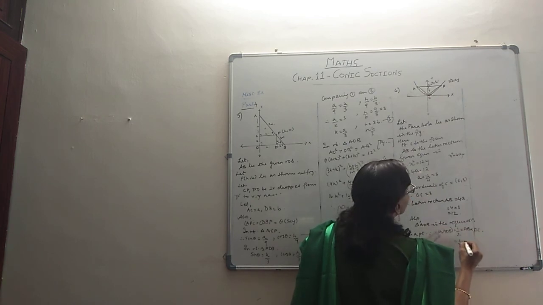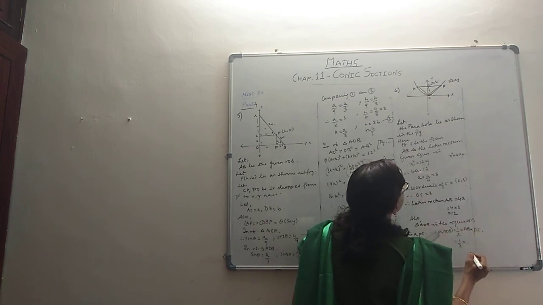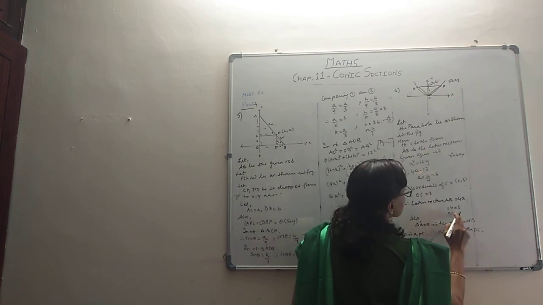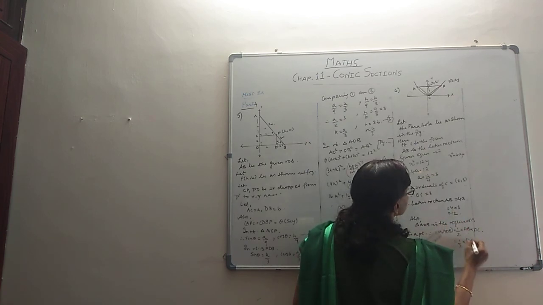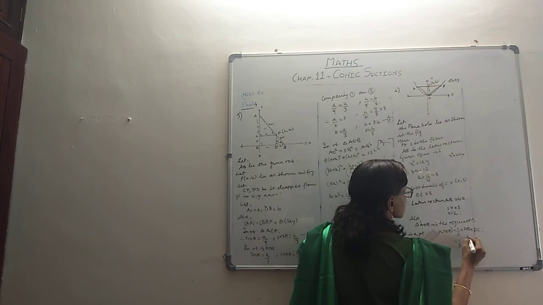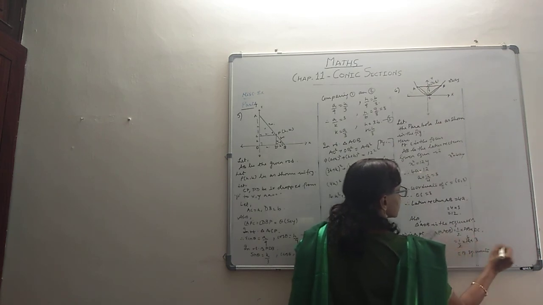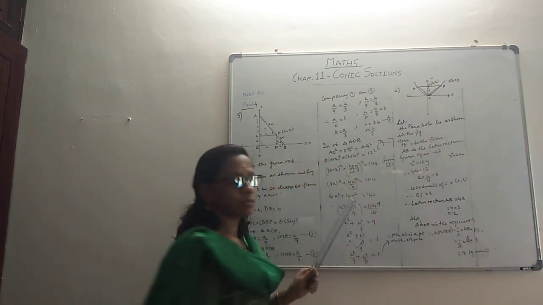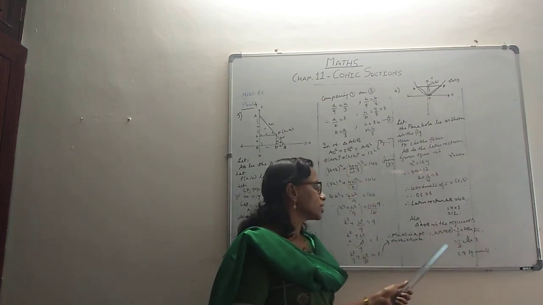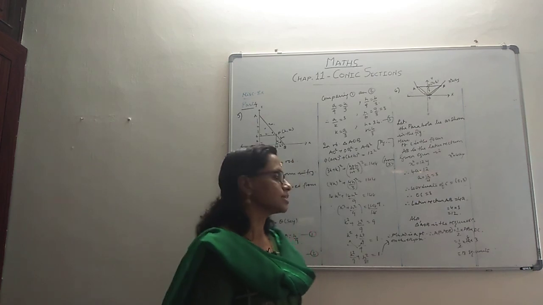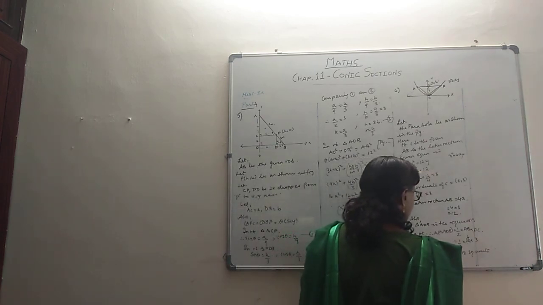AB we found as 12 and OC we found as 3, so half into 12 into 3, that is 6 into 3, 18 square units, or centimeters, meters, whatever they have told us. So the required area is 18 square units.